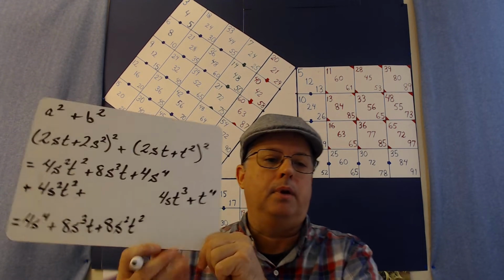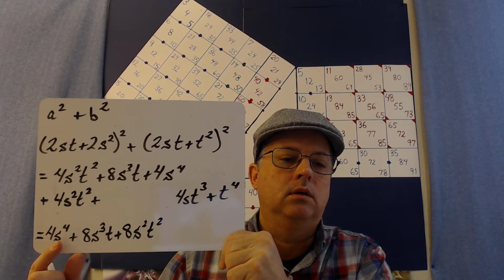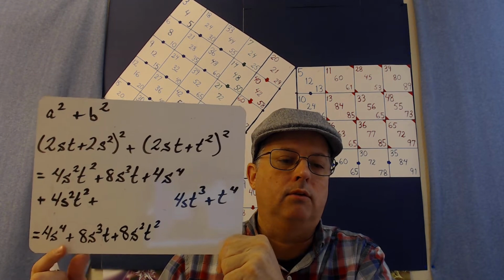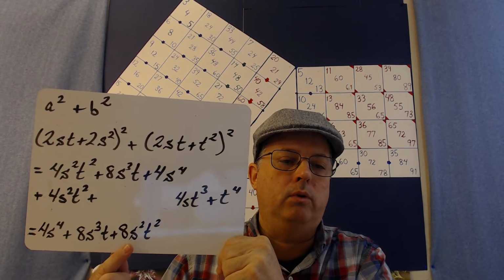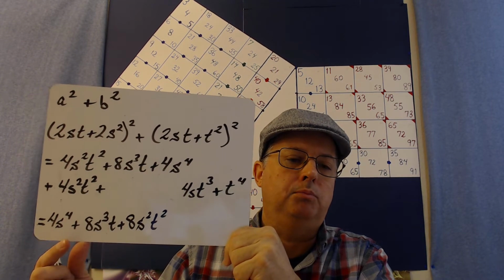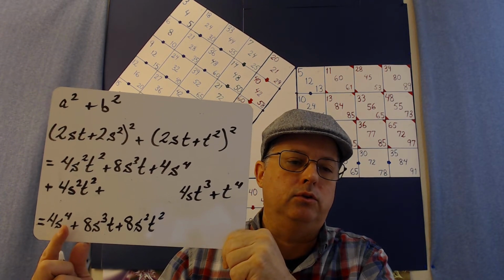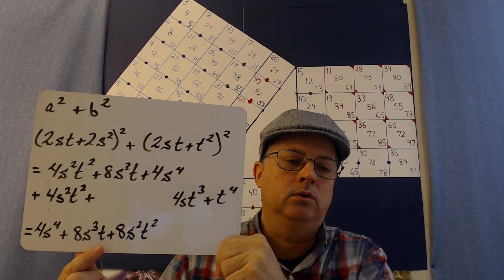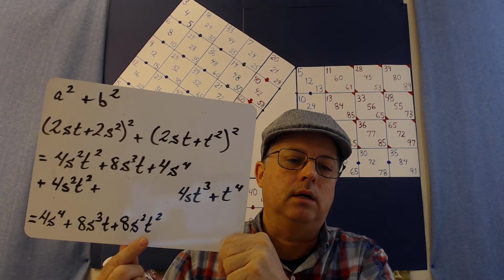And you see what's happening here is the s is diminishing, s to the 4th and s to the 3rd and s squared. And the t is being built up. Here there's no t, and then here's t, and then here's t to the 2nd. And so we want our t to the 3rd.